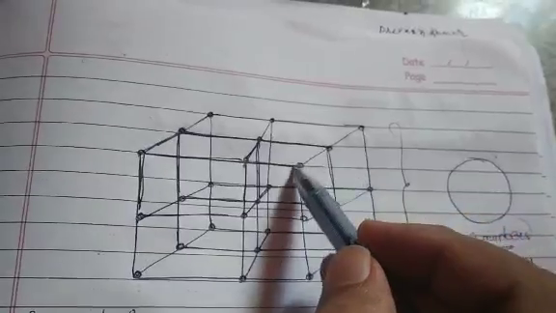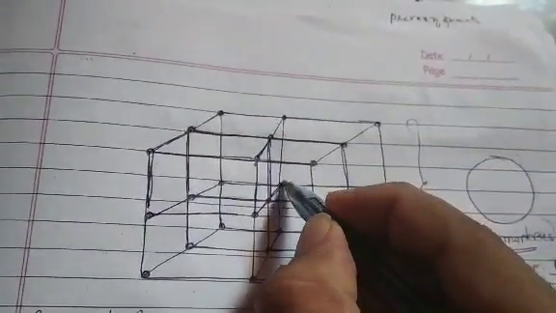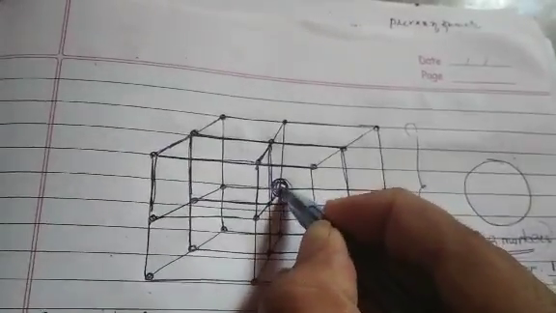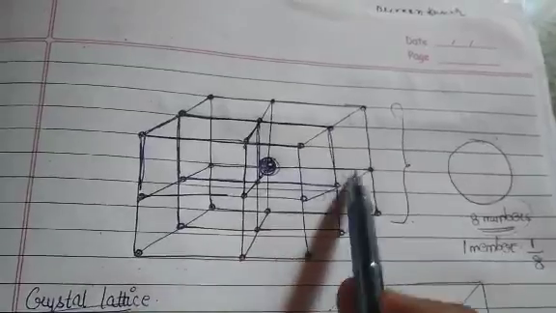Remember, in a given crystal, if I choose this one as my unit cell, and here is one atom present in one corner. Of course, there are 8 corners.